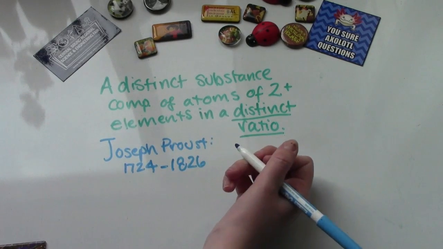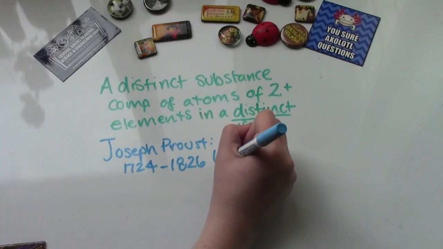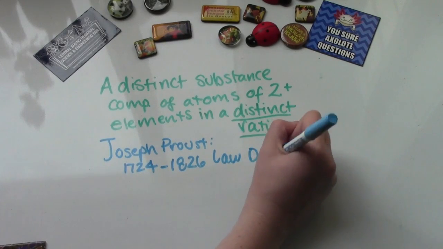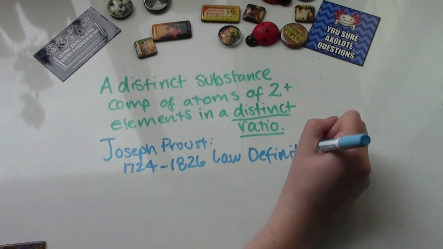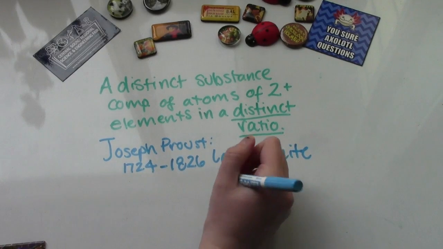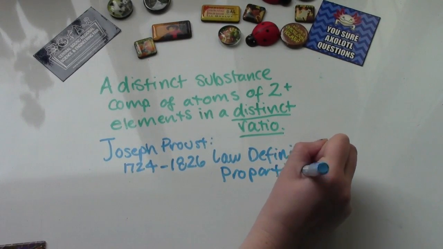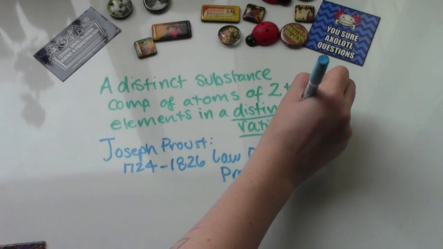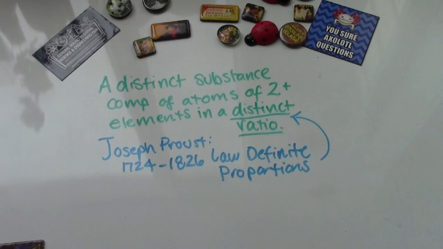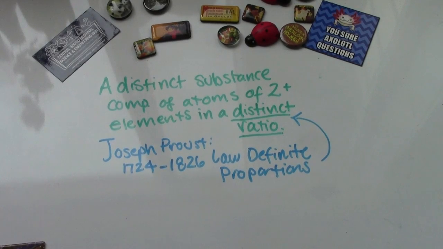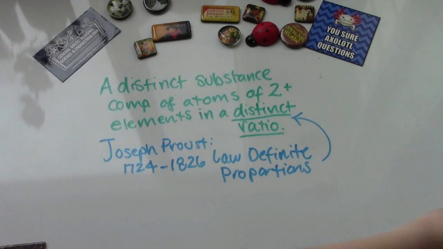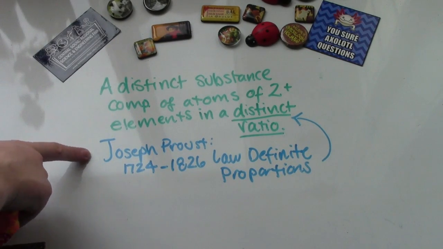He was experimenting with it, and he called it the law of definite proportions. And he's right. Every compound does have this distinct ratio of elements in it. Any change to it would be a change in the compound, and therefore its chemical and physical properties. So shout out to you, Joseph Proust.